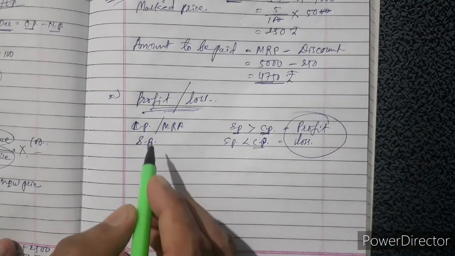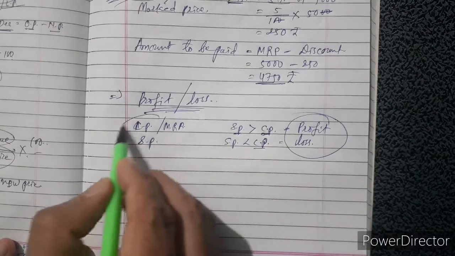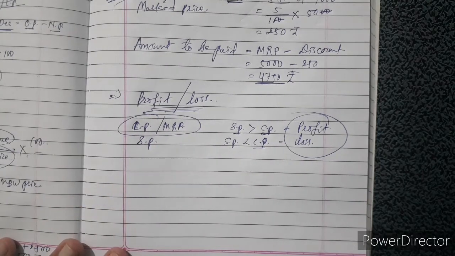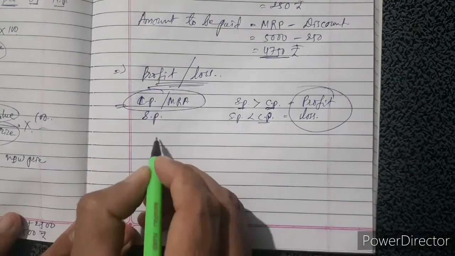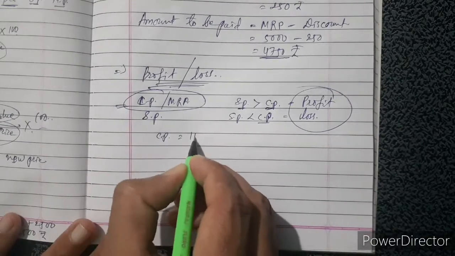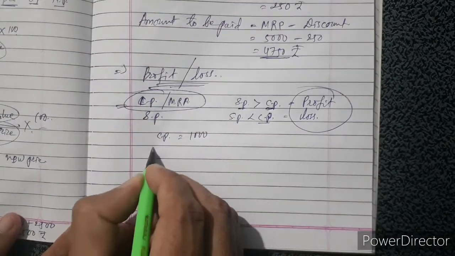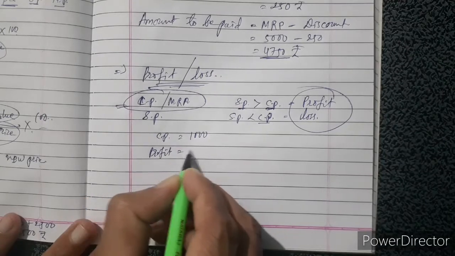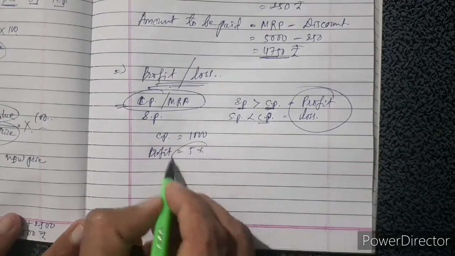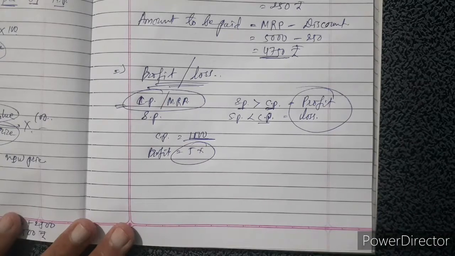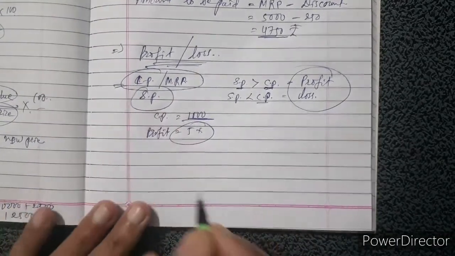Profit and loss are always calculated on the base of cost price. When the CP is given, suppose 1000 CP is given, and you have profit 5%, you find out 5% of 1000 rupees and then find SP.